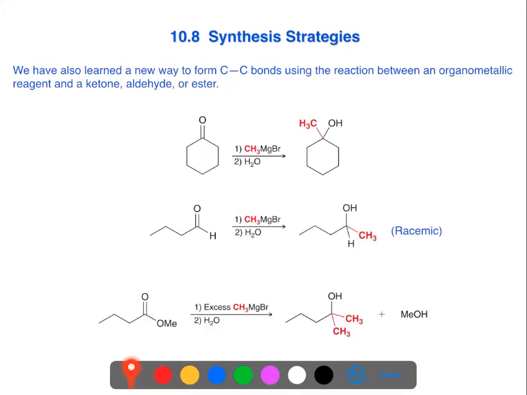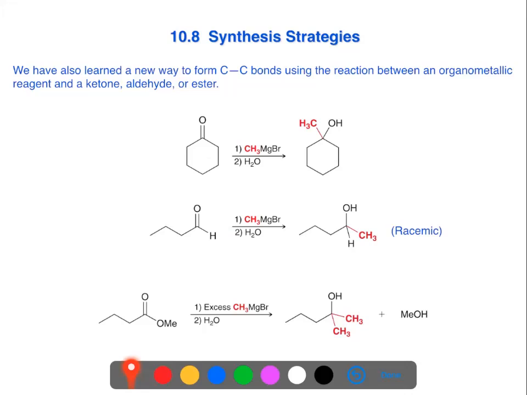And so we looked at a few examples where we can use Grignard reagents, which will then again form new carbon-carbon bonds to original ketones. We saw that that same reaction can be carried out with aldehydes. If you produce a chiral center, always remember that that can produce a racemic mixture.